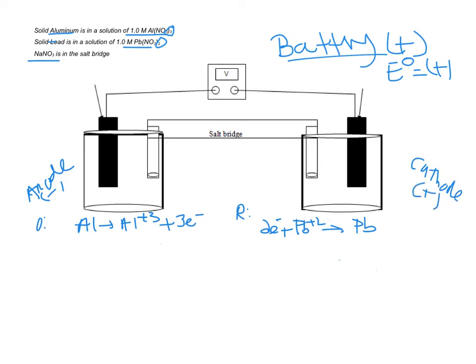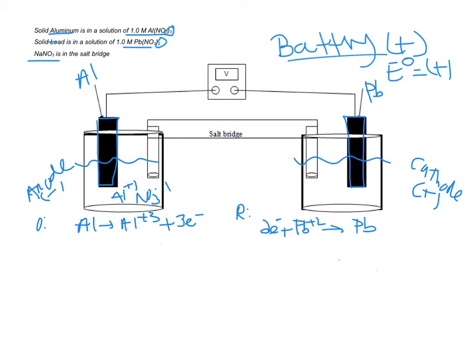And I'm just going to fill in, okay, I know this electrode, this piece of metal is aluminum, and our other electrode is going to be our other metal, which is lead. We know that both of these half cells are in solution, which is going to have aluminum ions as well as nitrate ions. And where I got that from is that they gave us a 1 molar solution of aluminum nitrate.